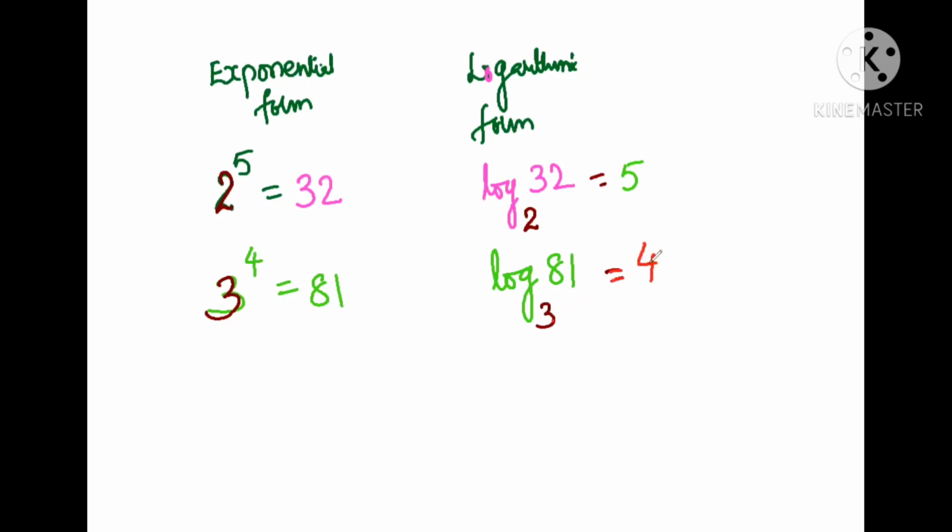That means 3 to the power of 4 is equal to 81, and 2 to the power of 5 is equal to 32. Logarithm is nothing but the exponent to which a fixed number should be raised to get the given number. So in this way, we can write exponential form in logarithmic form, or if logarithmic form is given, we can write exponential form like this.